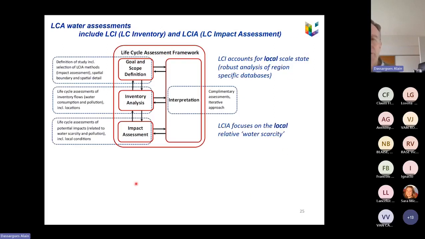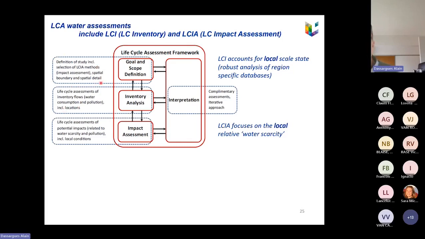Okay. I just want to insist a little bit more about life cycle assessment, because I have not said a lot about that until now. In fact, in the life cycle assessment framework applied to water, but it is applied to any kinds of goods or any kinds of products, there is always a phase of definition of the study.